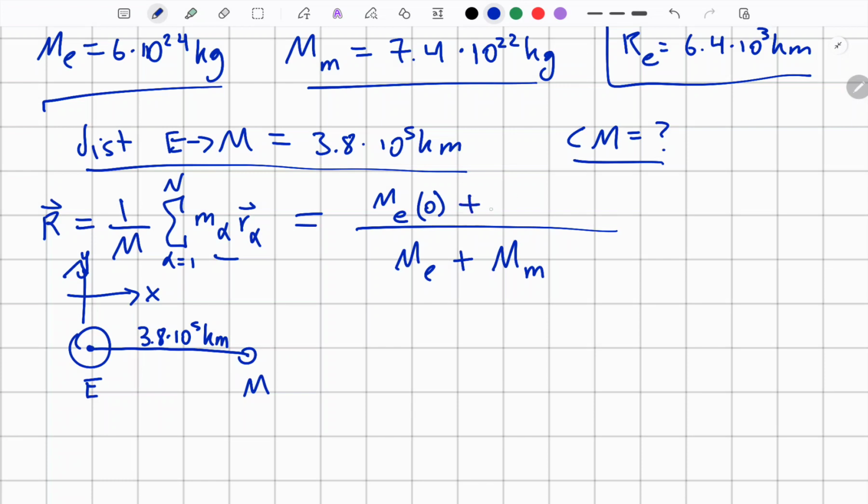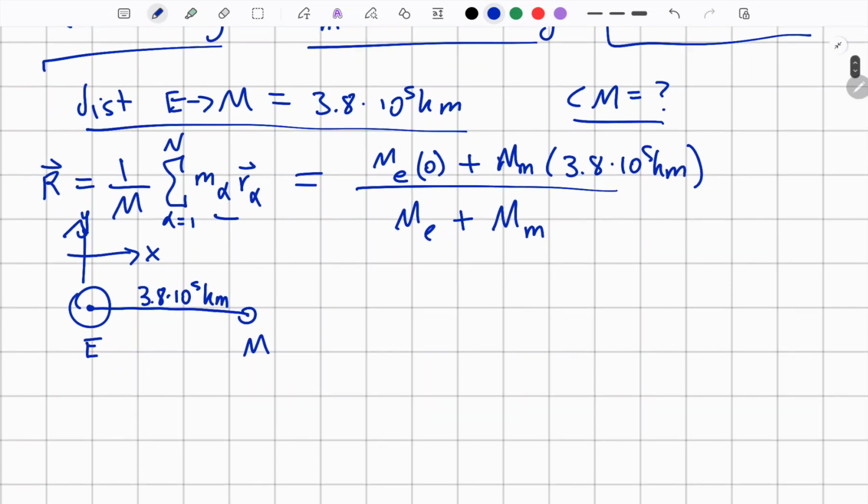Now you're going to have the mass of the Moon times that position, which is just going to be a vector with only the x component. So that's going to be 3.8 times 10 to the 5th kilometers. And we are going to get a formula that looks like so.